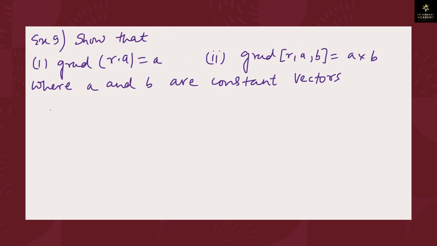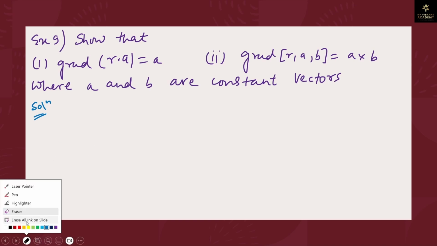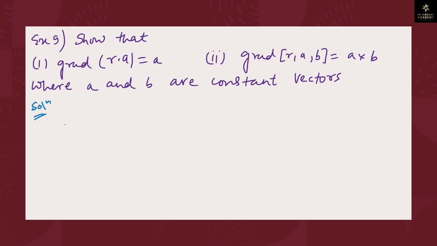So now let us discuss question number 9. How we can solve this? Let us solve this. So a and b are the constant vectors. Let us take a vector as a1 i cap plus a2 j cap plus a3 k cap, where a1, a2 and a3 are constant.